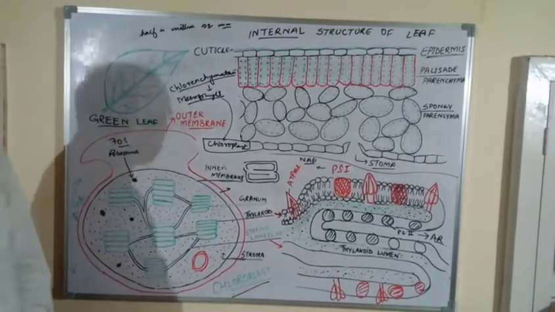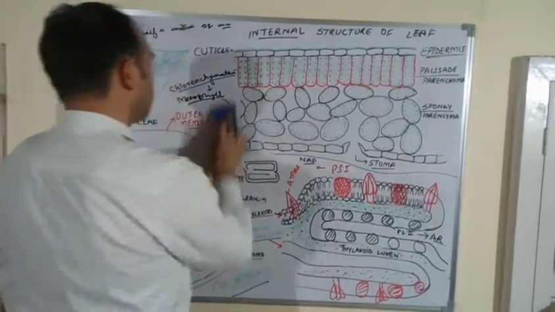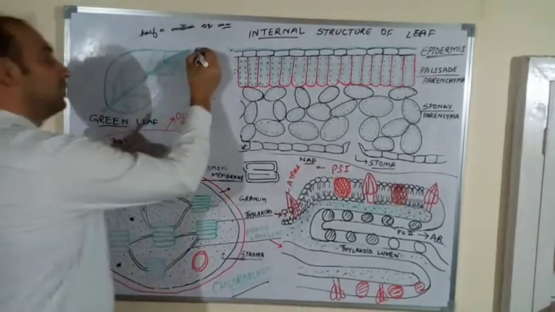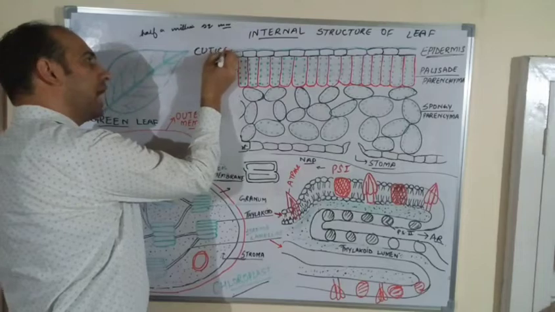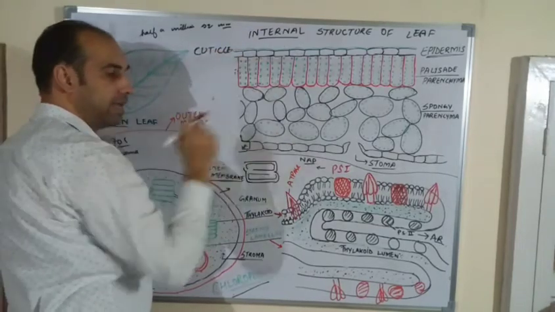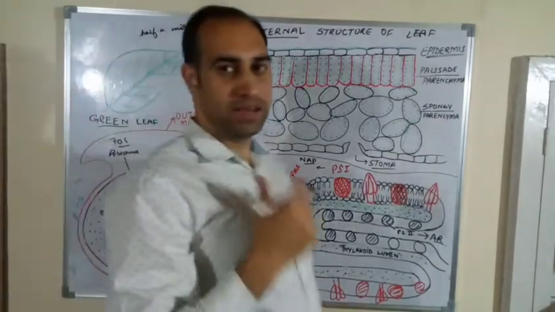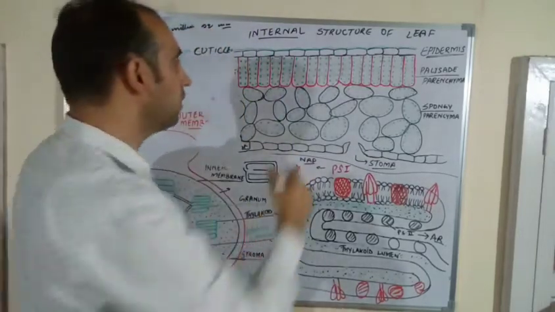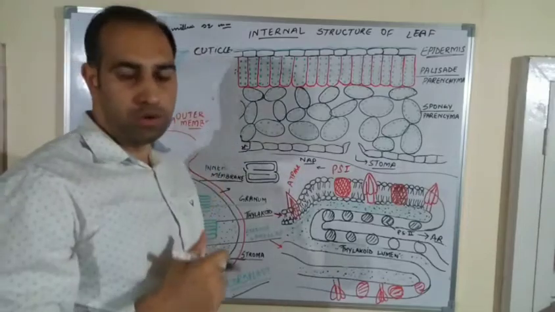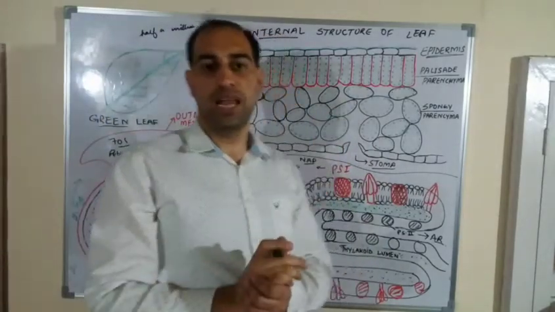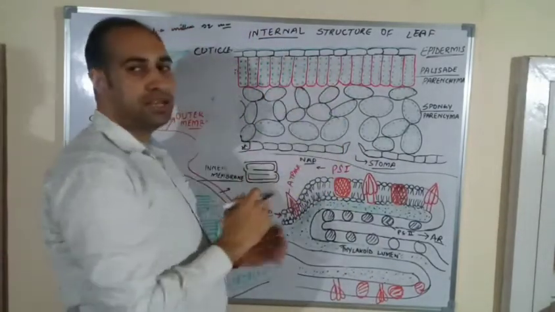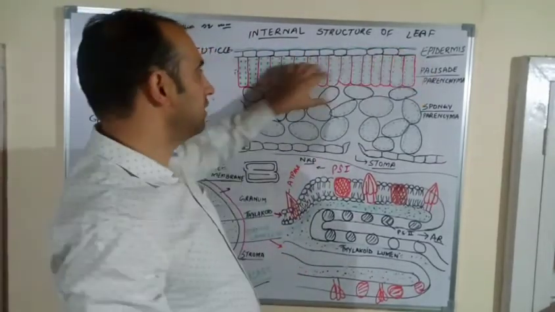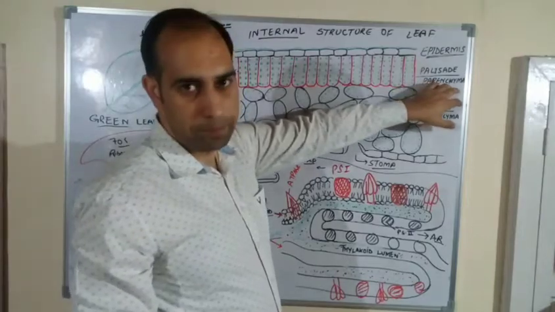So in the internal structure of the leaf, the leaf is bounded by upper as well as lower epidermis, that is, they are protective in function. Okay, the epidermis is followed by columnar-shaped cells with no intercellular spaces between them. This columnar cell is known as palisade parenchyma.